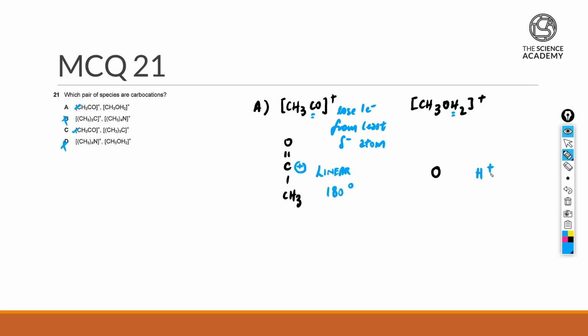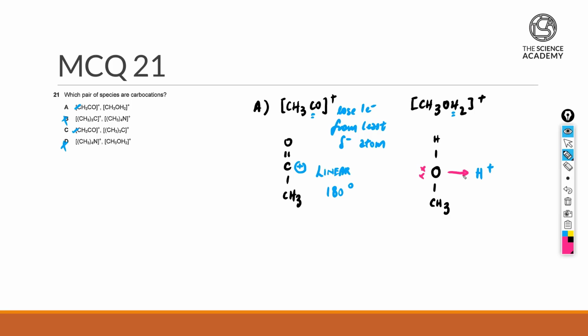Already offhand, you can see that this is not a carbocation because the plus charge is not on carbon but rather on hydrogen. But just drawing up the structure here, I will have O bonded to a CH3 bonded to a hydrogen. At this instant, for oxygen, there is a total of 4 electrons that's unpaired, or 2 lone pairs, of which one will actually be used to form dative bond towards the H plus itself.